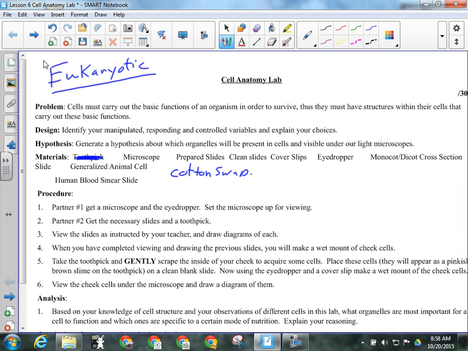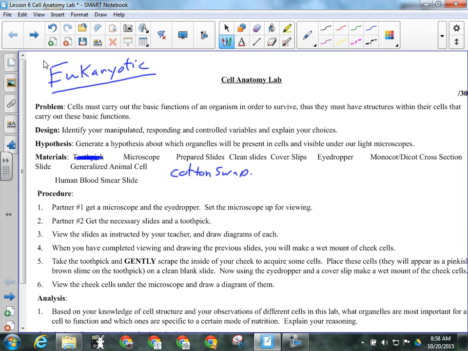They would scrape it in there and pull out this bloody mess. That's not cool, because there are all kinds of communicable diseases that can be passed through blood. Saliva, yes, there's still some gross stuff in that, but it's not likely to contain hepatitis and HIV and things like that. So we're just using a cotton swab now. It does a very sufficient job of pulling cells off the inside of your cheek.